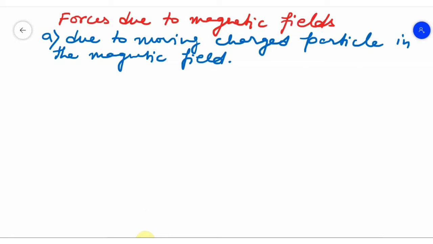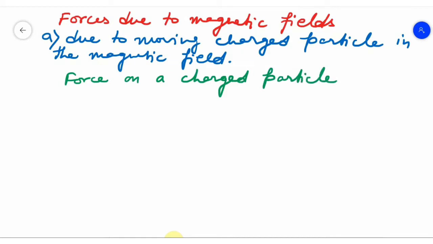Since we know that the force on a charged particle, Fe, can be written as what? Since it is a charged particle, there will be existence of an electric field.